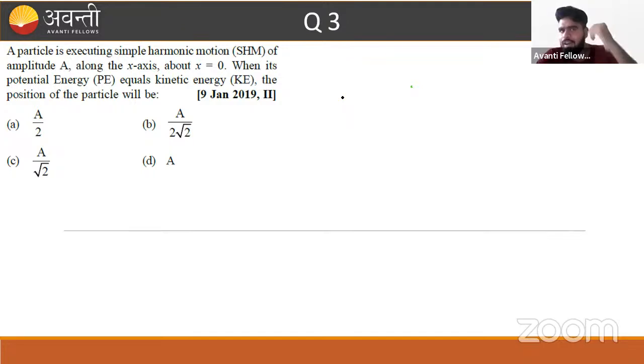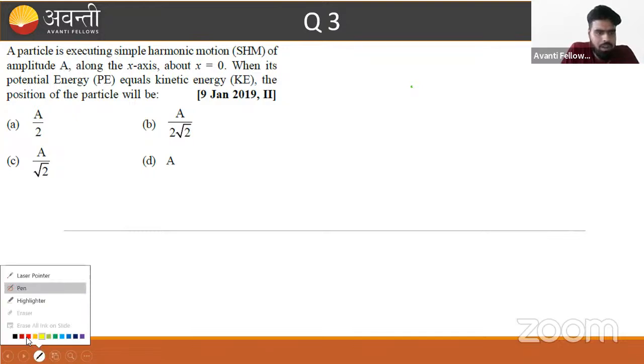At last, when you have read the whole problem, try to draw the diagram and connect all the given data with what is asked in the problem, and definitely you will get the answer. So suppose this type of question, where a particle is, what is given, beta?